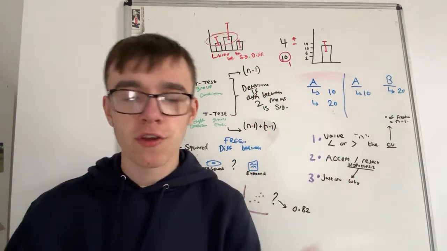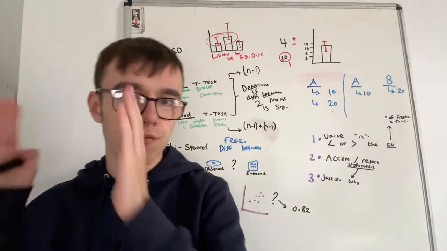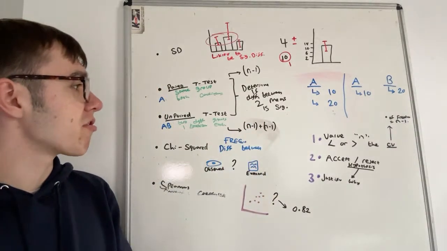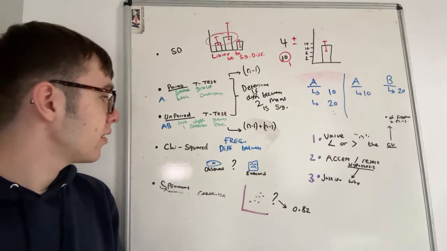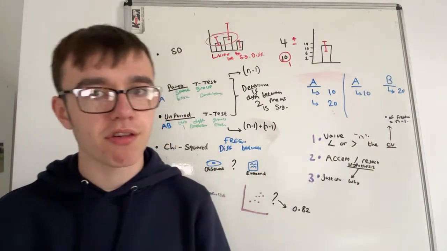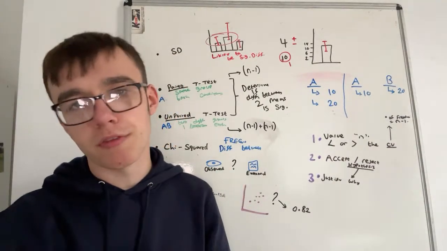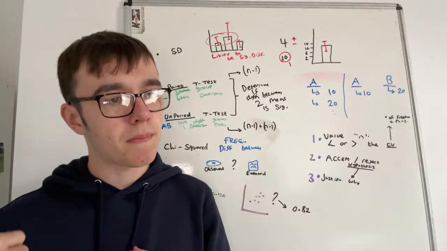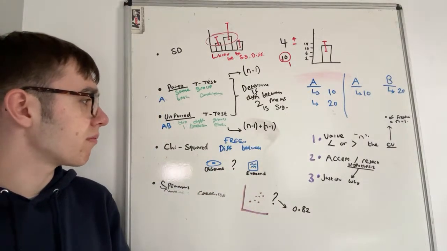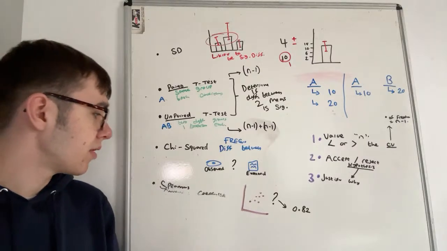On unpaired, one group does one condition, the other group does another condition. Therefore, it's n-1 plus n-1. The chi-squared is just for frequency data, and that's whether the observed data is significantly different to the expected data.